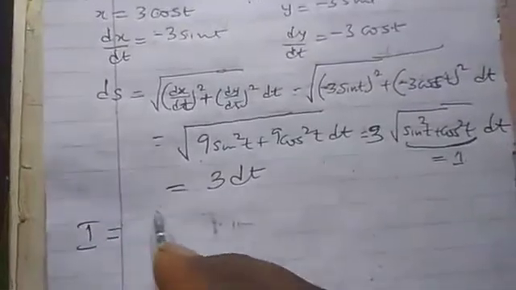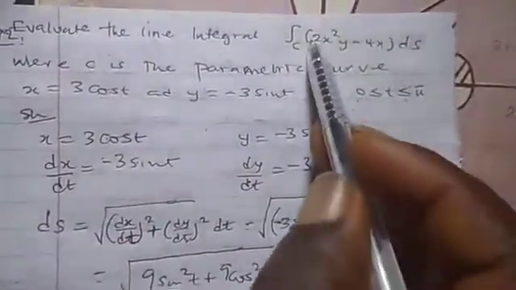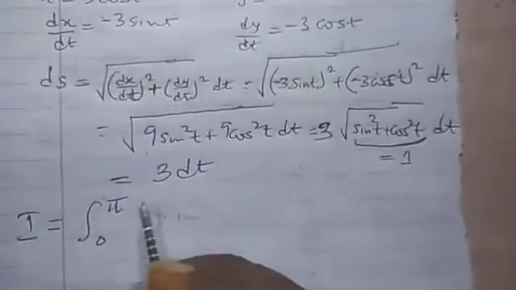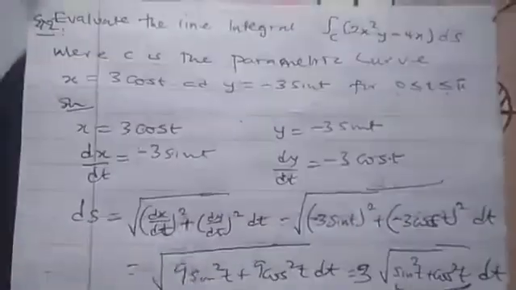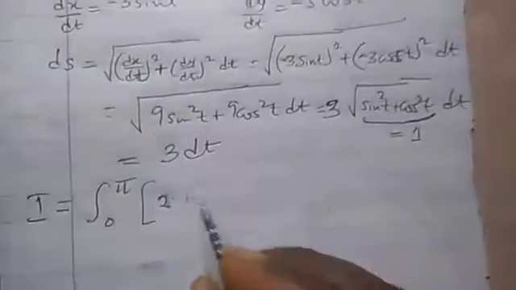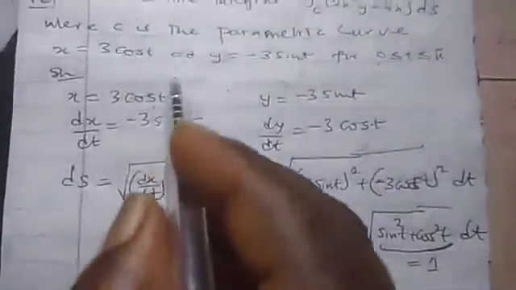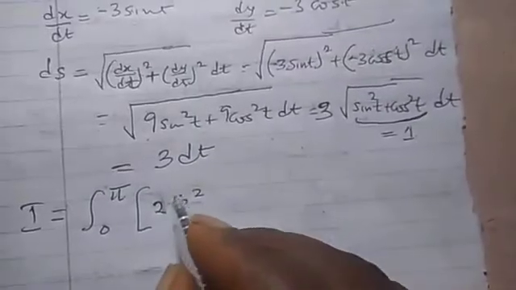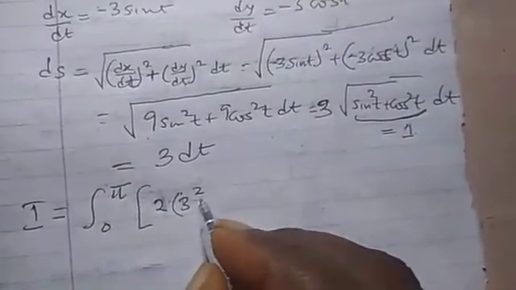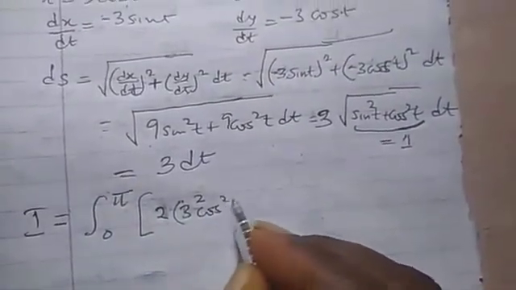Therefore, our I is equal to the integral from 0 to pi of that one given here, 2x squared, 2x. This is our x, and our x is 3 cos t. But we have x squared there, so that will be 3 cos squared t.